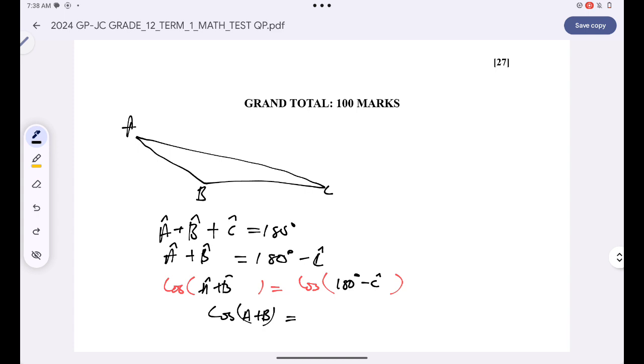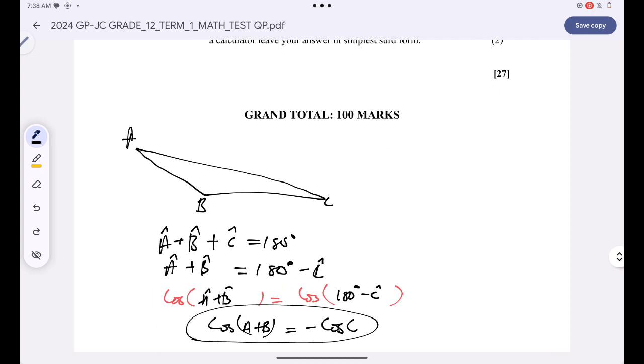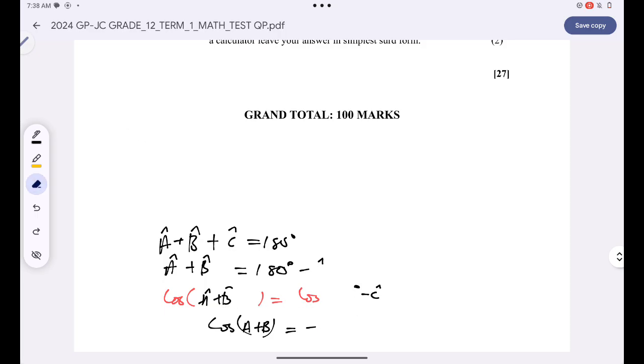In the second quadrant, cos is negative, so cos of A plus B will be equal to negative cos of C. So now we have shown that cos of A plus B is equal to the negative of cos of C.